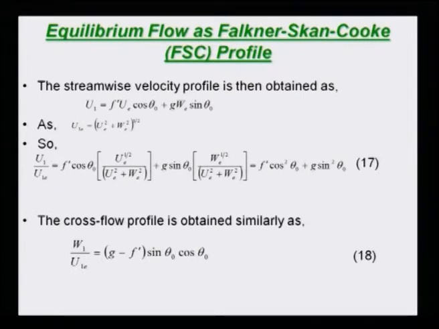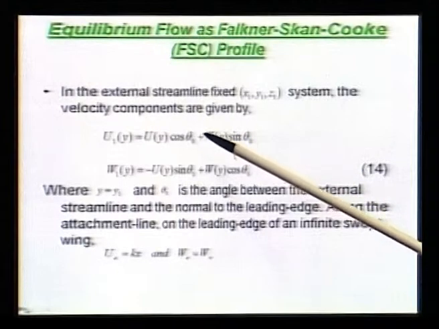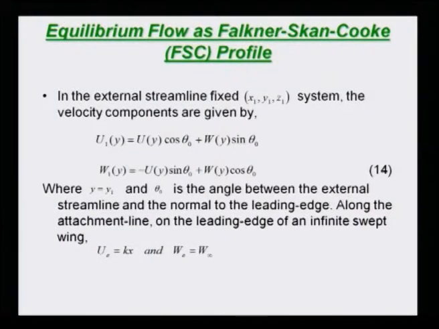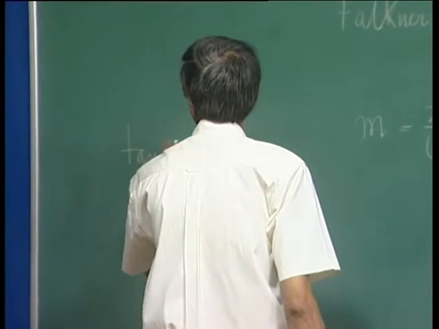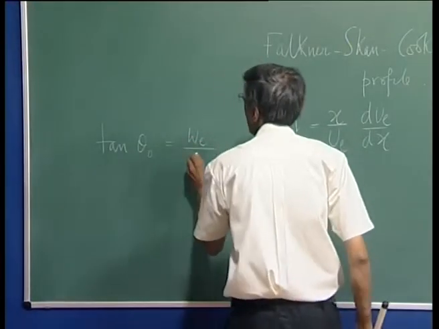So, what happens? We have written down that expression for u1. If you recall, let us go back there. So, if I know these two quantities, cos theta naught and sin theta naught, then we are done. Okay. What is it? We have already seen tan theta naught is We by Ue.